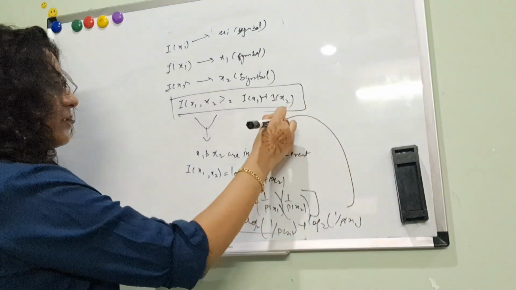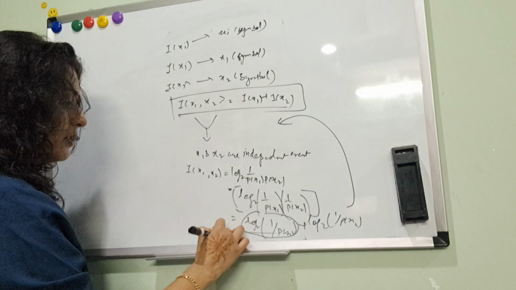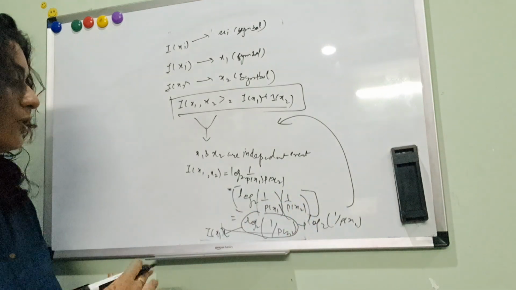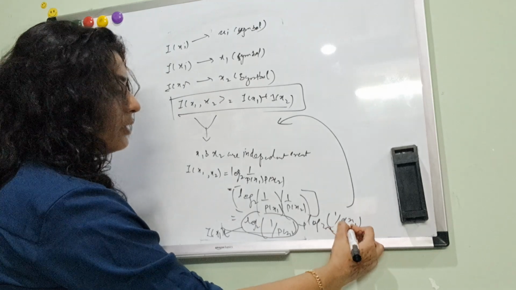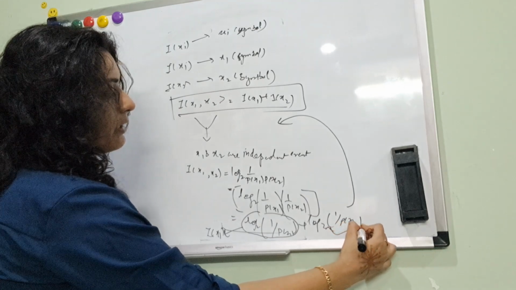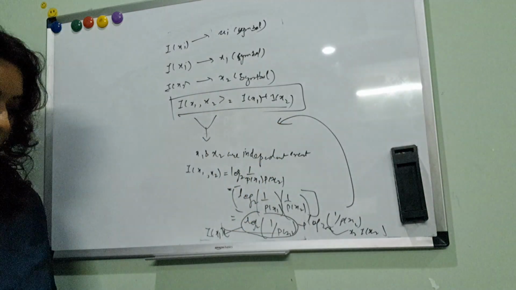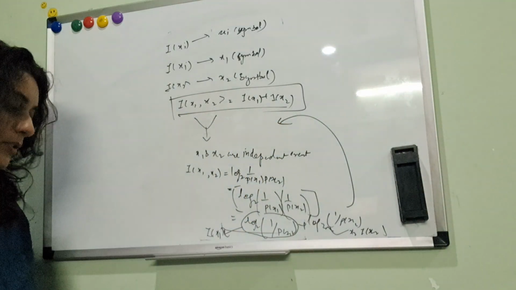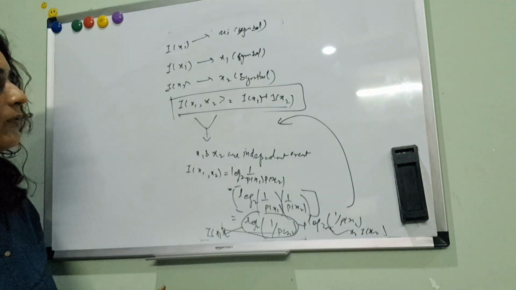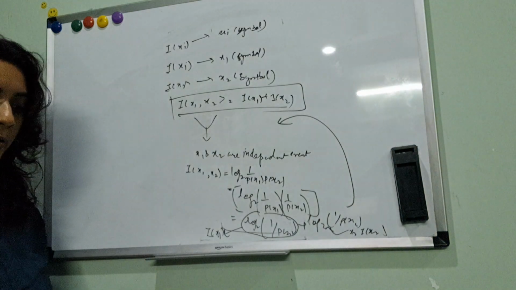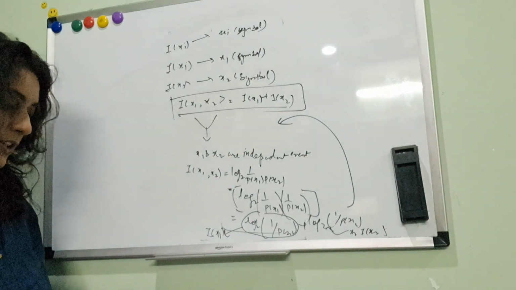Hence this expression is true because this holds for the probability distribution the x1 symbol is carrying, and this again holds for the probability distribution the x2 symbol is carrying. So we have proved this expression. Now this is about some common problems we have to do in the information theory section. Now we can move forward towards our next section.